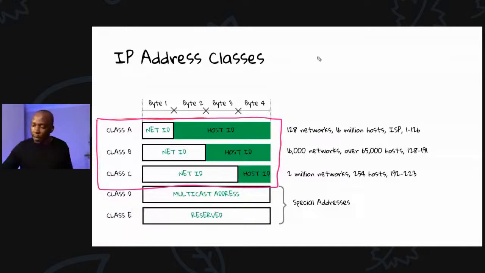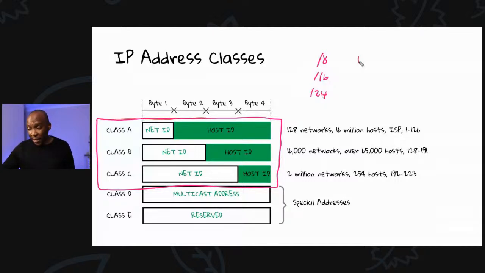So /8, /16, /24. I'm sure at some point you've encountered these notations as you have interacted with networks, and you've wondered how to look at an IP address and work out what's happening.